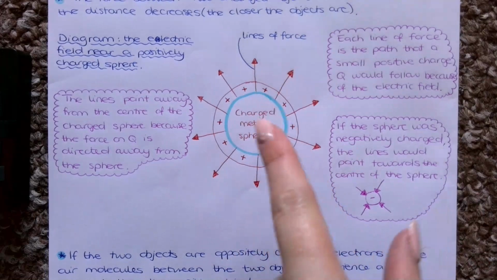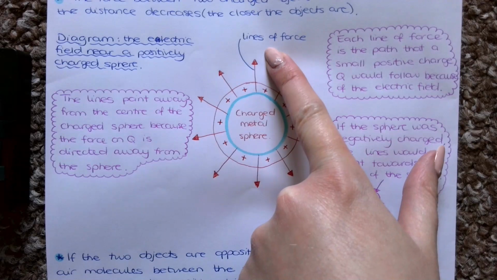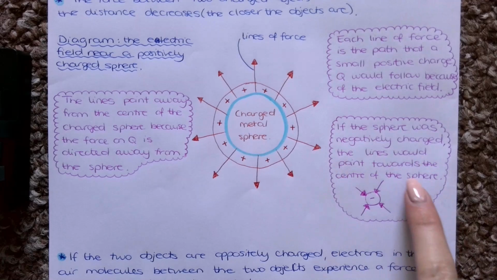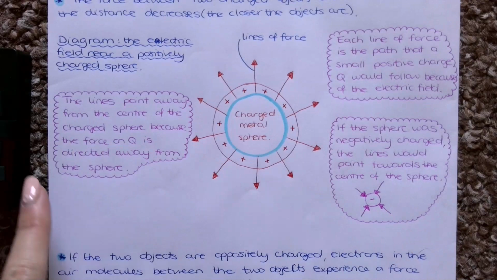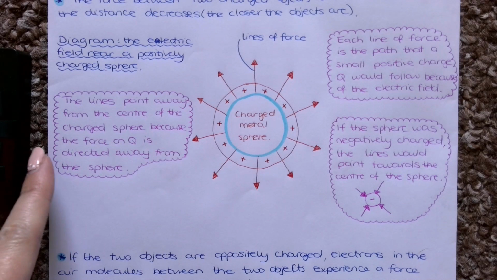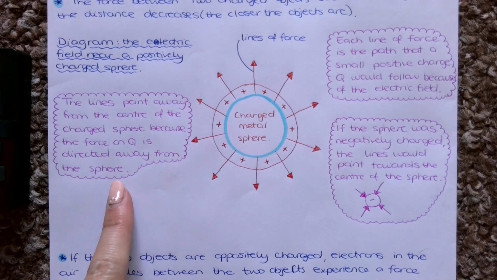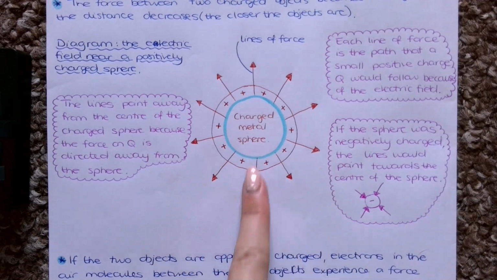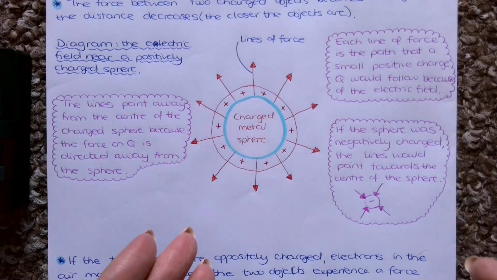Because it's positive, it's going away from the centre of the sphere. If the sphere was negatively charged, lines would be going towards the sphere, so in the opposite direction like I've got in this diagram. The lines point away from the centre of the sphere because the force on Q is directed away from the sphere. Okay, so positive go away, negative go towards. These lines represent the direction that force is going in. So if you have a positively charged ion, this is what would be happening to it.